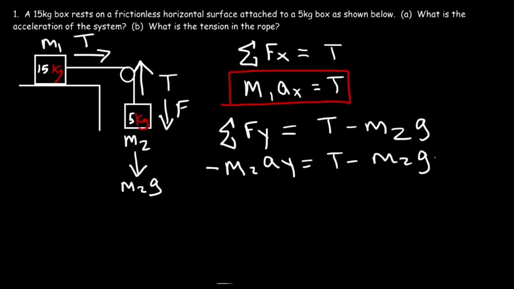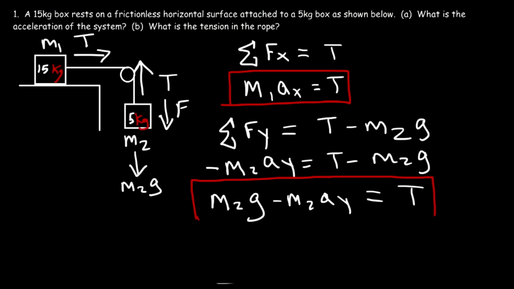And now let's solve for T. Let's take this term and add it to the other side. So what we now have is m2g minus m2ay. Now we have two ways in which to calculate the tension force.